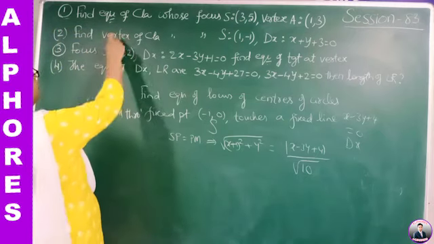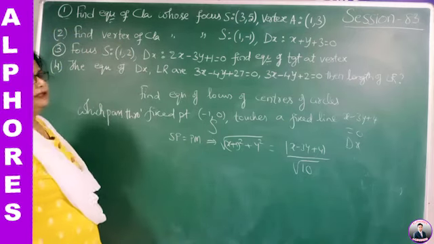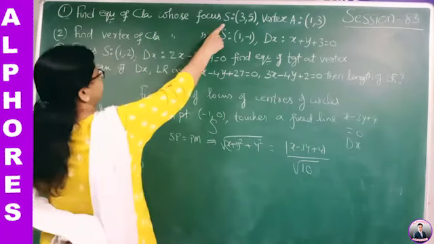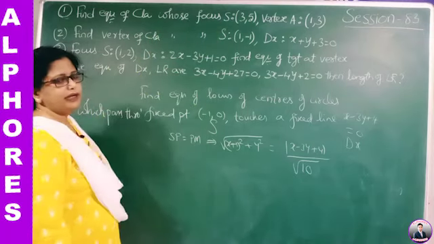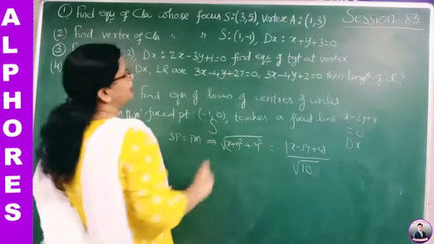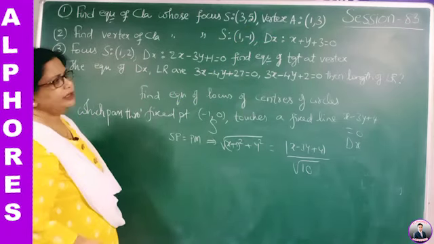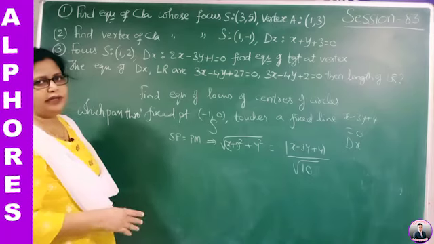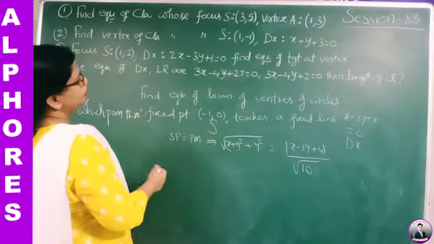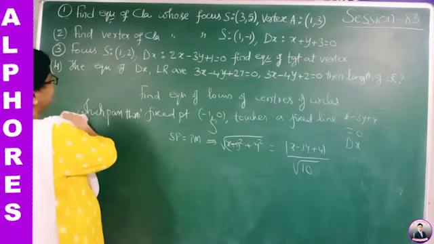Observe the first problem. What did they ask here? The data given is focus coordinates 3, 5 and vertex given as 1, 3. Earlier also we have done this problem when the axis is along a coordinate axis, either x-axis or y-axis, horizontal or vertical.